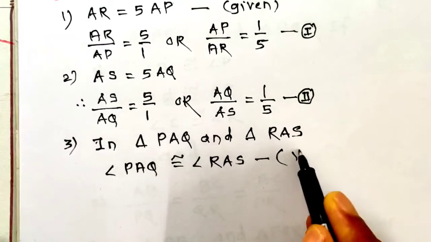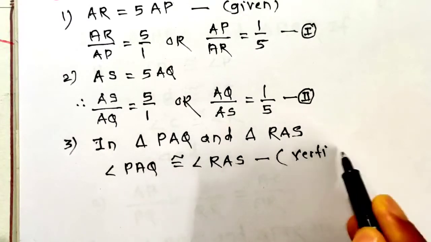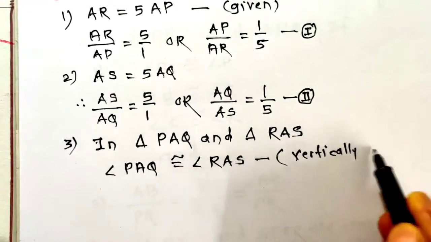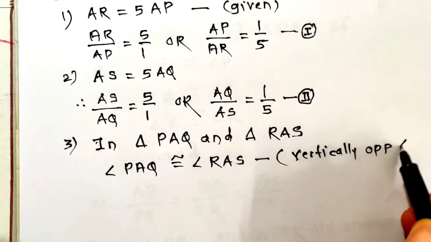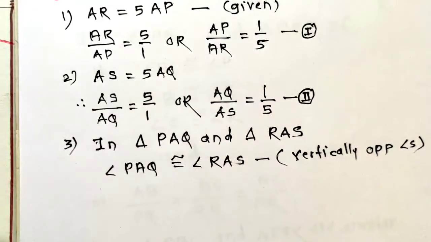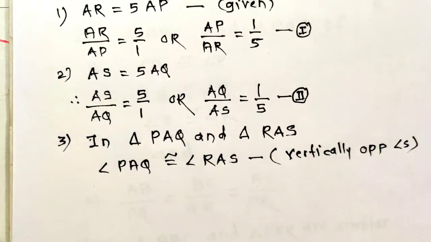These are vertically opposite angles. So in this way, we get the first pair, vertically opposite angles.